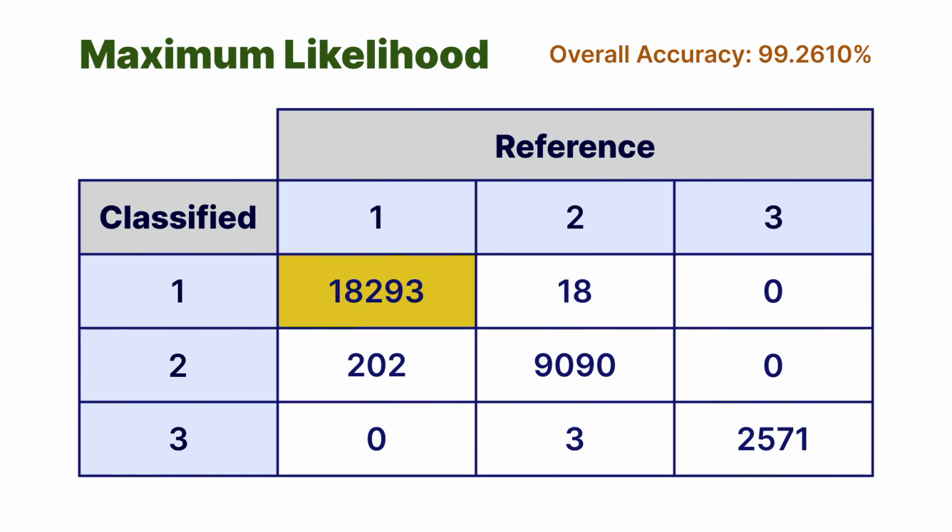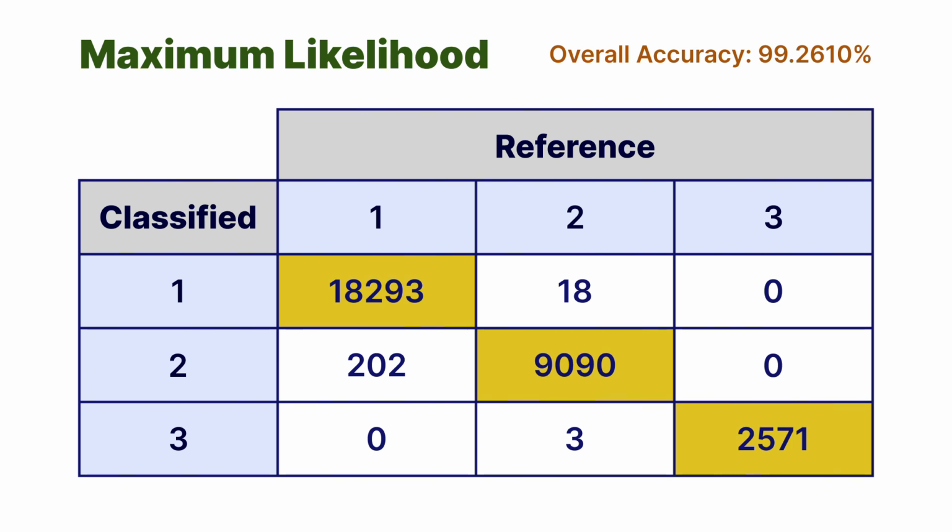18,293 pixels were correctly classified as Class 1. 9,090 pixels were correctly classified as Class 2. And 2,571 pixels were correctly classified as Class 3. The other numbers show where the classification got confused. For example, 18 pixels that were actually Class 1 were incorrectly classified as Class 2.